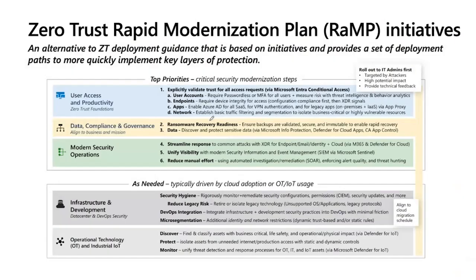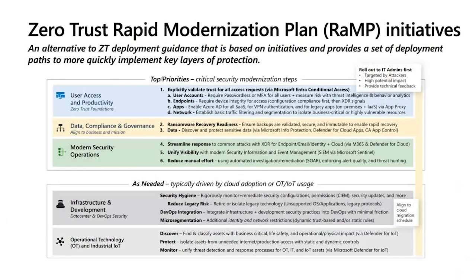Next is modern security operations, where we can streamline the response to common attacks with XDR and endpoint, identity, and email XDR components. Give high visibility with modern security information, and reduce manual effort, where we can automate and configure. Especially, we can use SOAR capability. This automation will help us handle alerts and incidents properly.